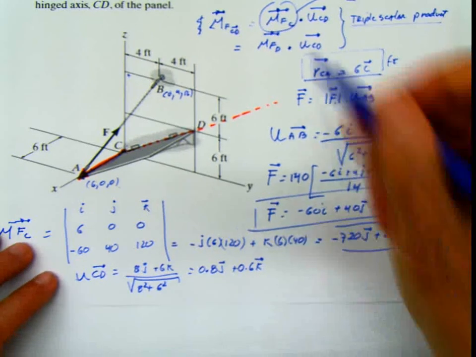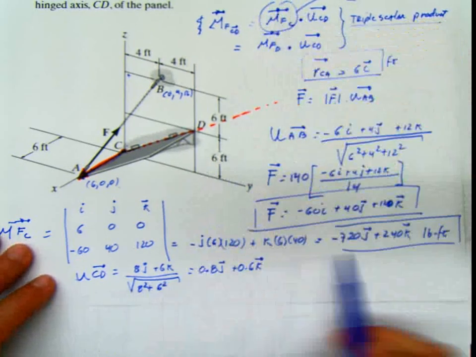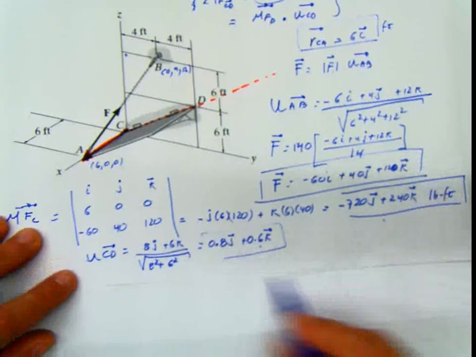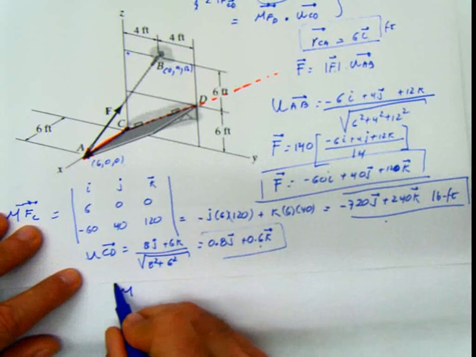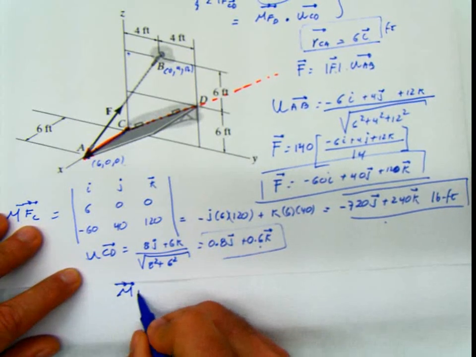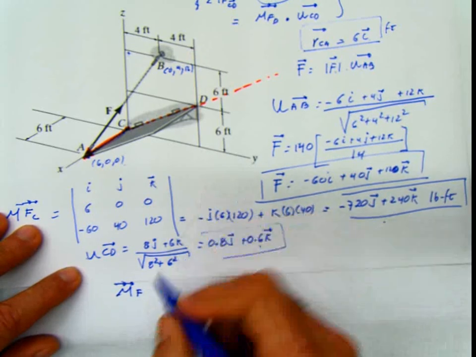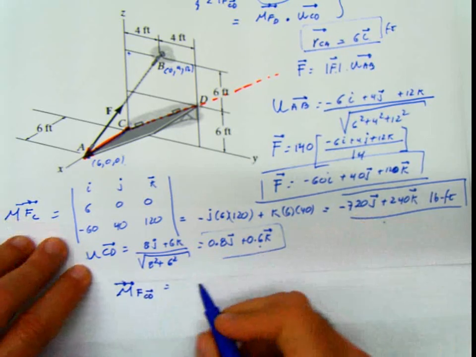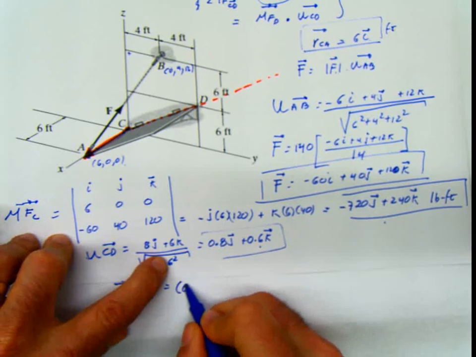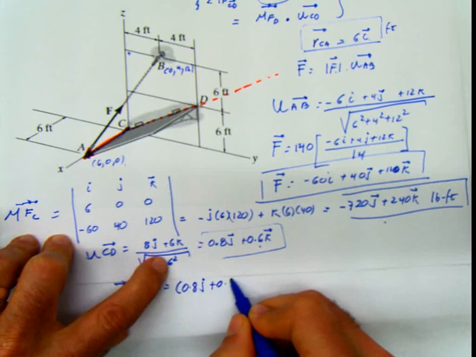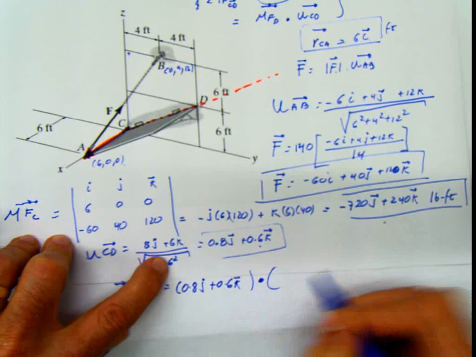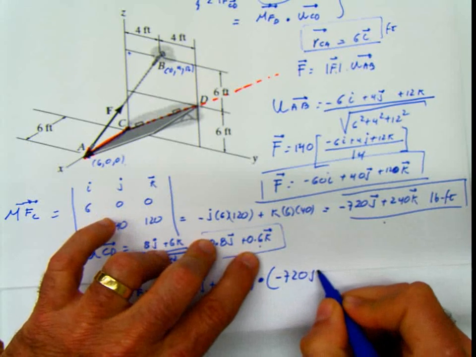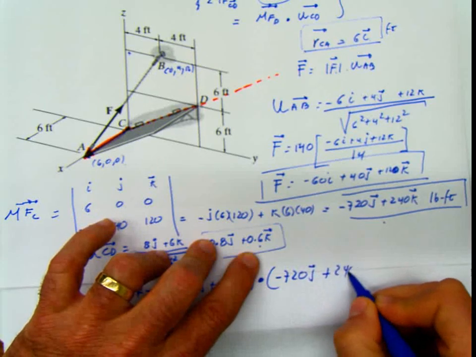And the last step on this problem, as you can see here, is just dot multiplying the moment, which I have, times the unit vector that I already calculated. So basically, the moment of the force F with respect to the axis CD is going to be the dot multiplication of 0.8J plus 0.6K and the moment, which is negative 720J plus 240K.